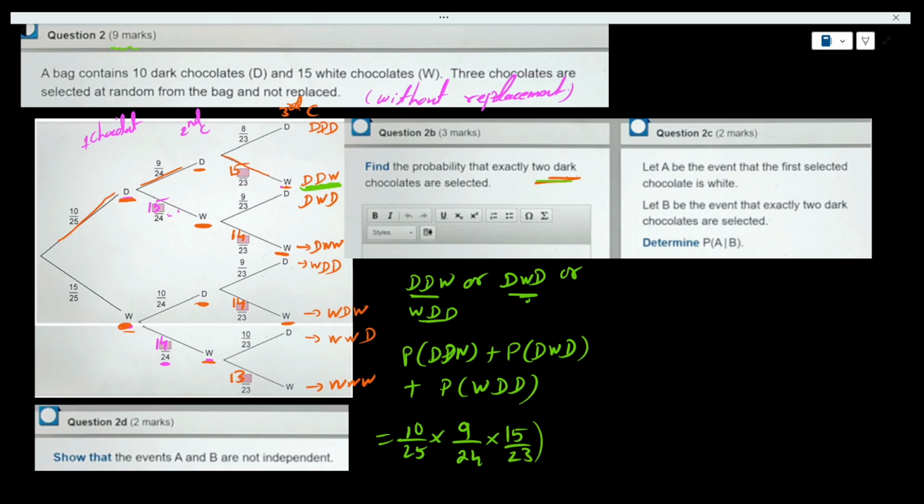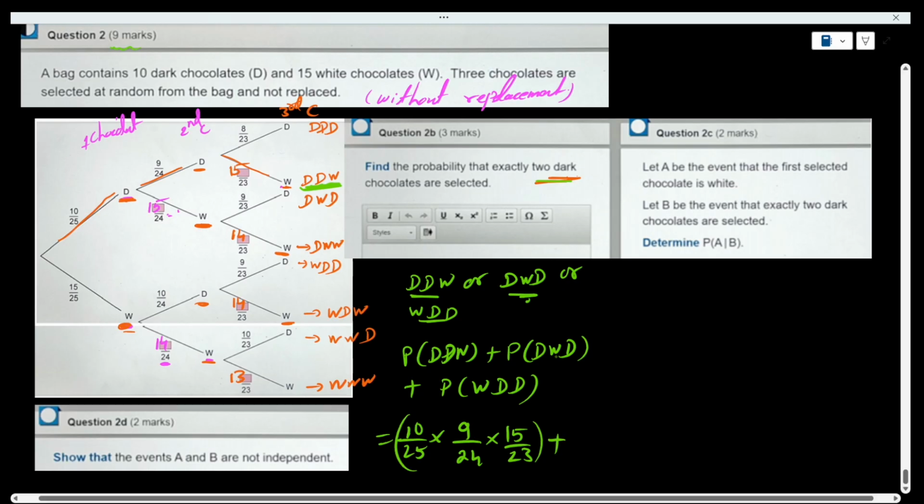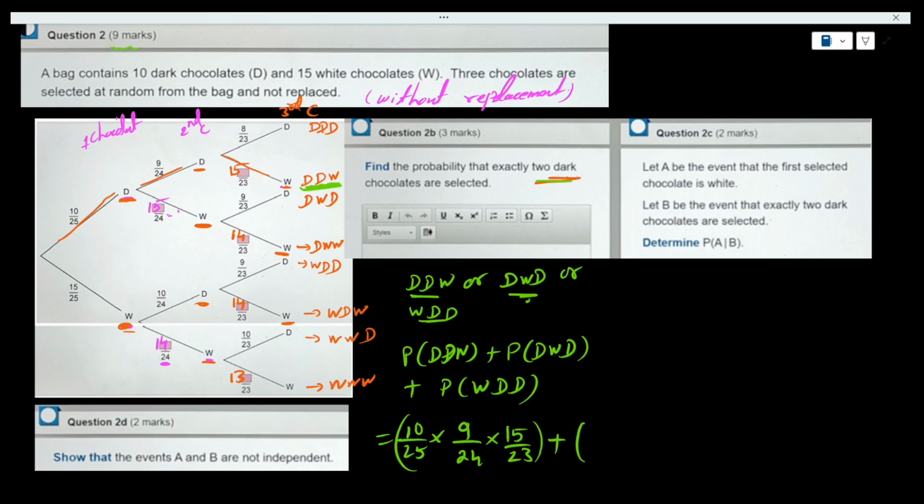You will see the denominator is going to remain the same. Then plus dark white dark, so the first dark, without making this tree diagram also, 10 by 25, then white is 15 by 24, then 9 by 23, right?